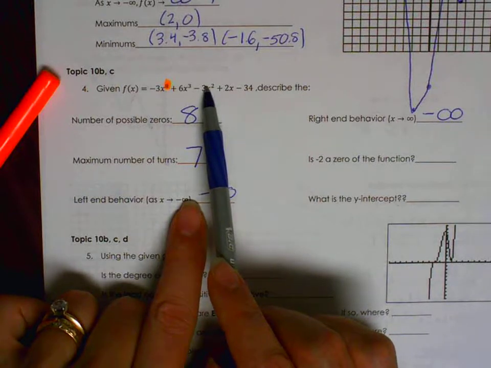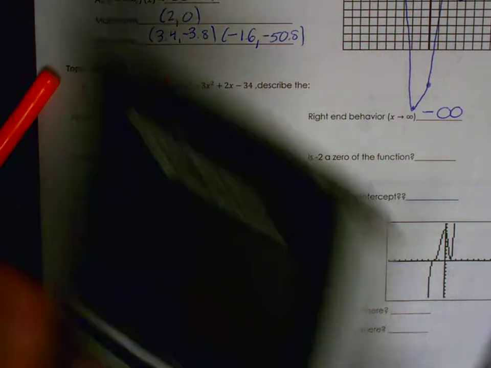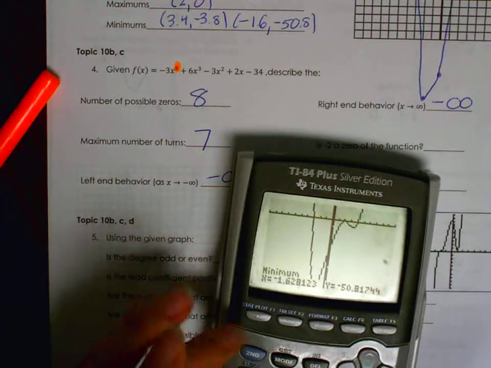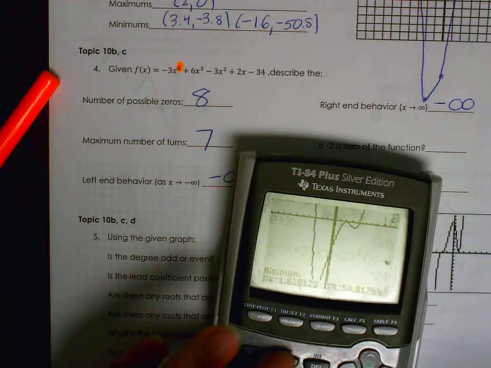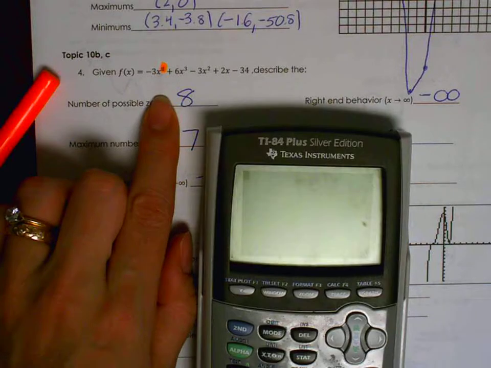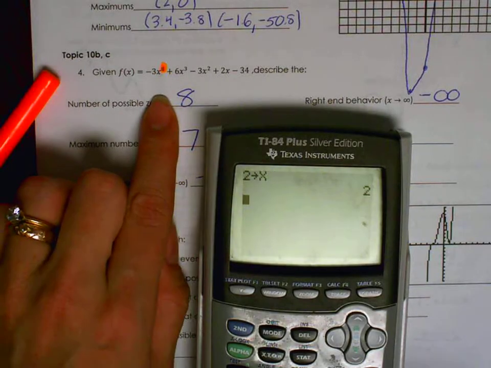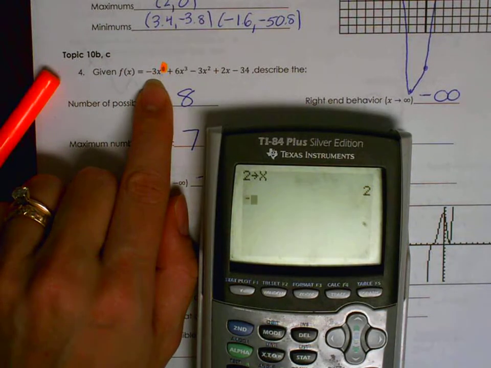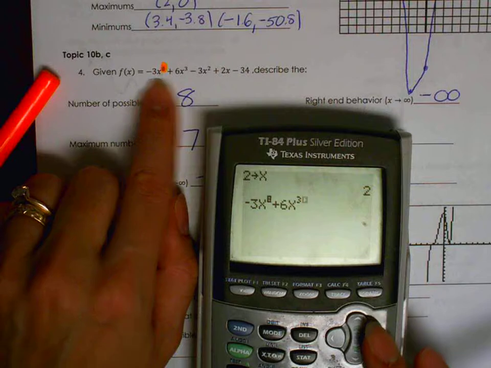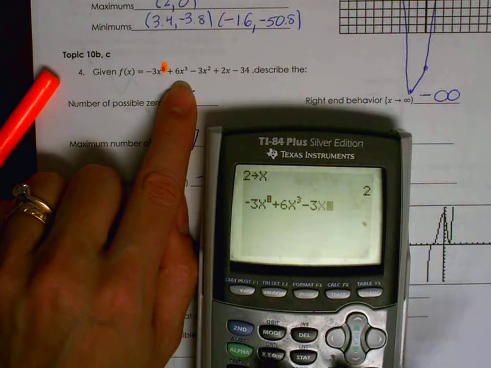And then, is 2 a zero of the function? Well, the way to find that out is plug it in. So if I go and say 2 store x, and then I put in this equation, negative 3x to the 8th plus 6x to the 3rd minus 3x squared plus 2x minus 34.